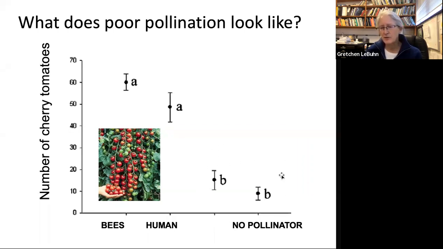That's the two on the right here, then when humans do hand pollination, and then when bees are allowed to be your pollinator. You can see that you get a real decline in the number of cherry tomatoes produced when you don't have pollinators in the system. So without pollinators, we get poor quality fruit, and we also get a reduction in the amount of fruit produced.